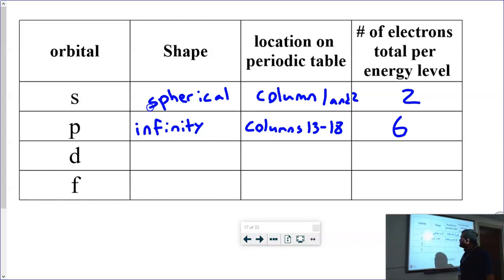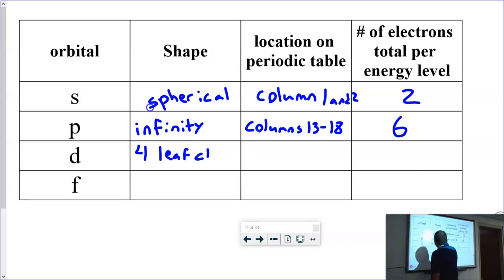D orbitals, I don't even know if I want to describe the shape. They're kind of like 4-leaf clovers. Or at least the 4 of them are. The 5th is a weird one, the one in the middle, if you saw the picture. But anyway, they're kind of 4-leaf clover shape.